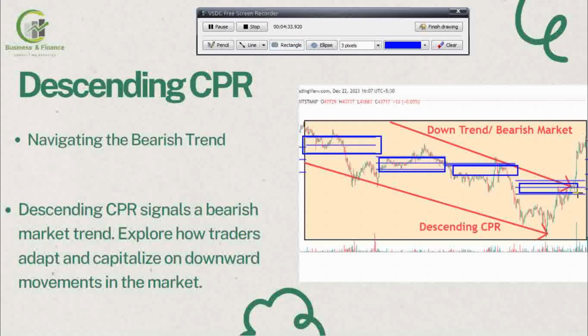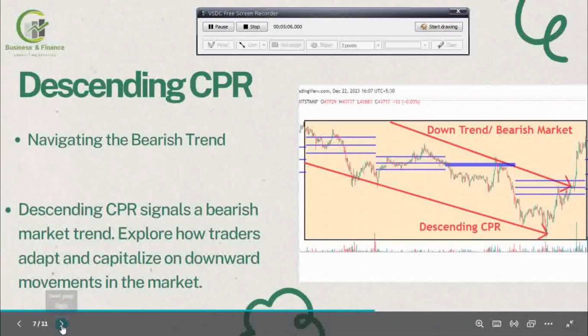So if you want to trade in this descending CPR, what you have to do is sell at every rise. So this is the best indicator to predict the market momentum.